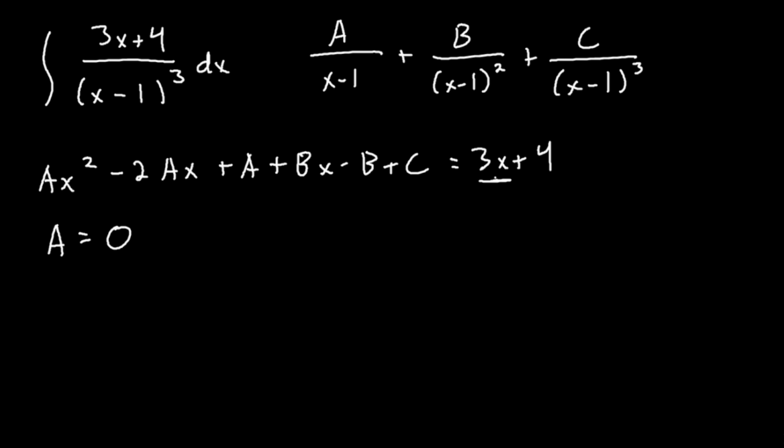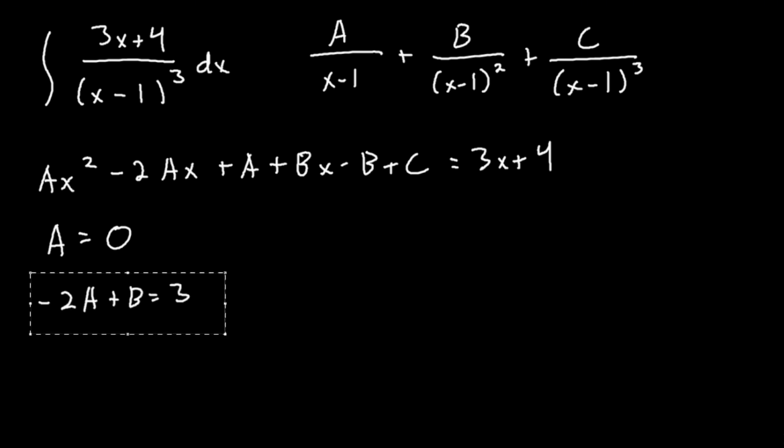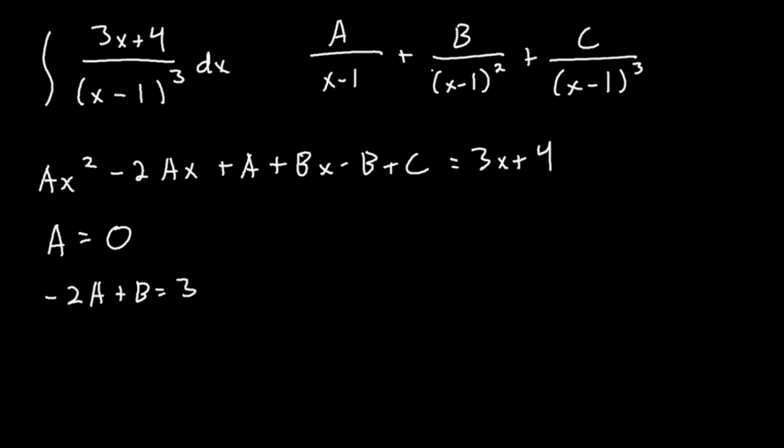All right, what about the 3x terms? We have negative 2a times x plus b times x is equal to 3x. Correct? We can actually cancel out all the x terms so that we get negative 2a plus b is equal to 3. Let's go ahead and erase this guy. And we can also write down the terms for 4.